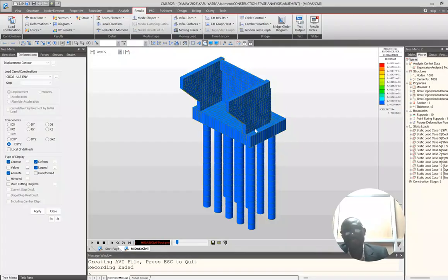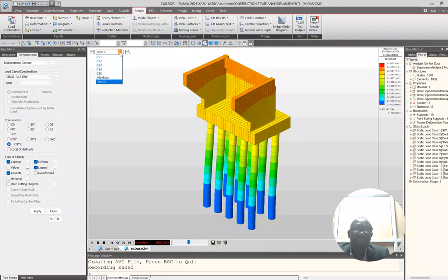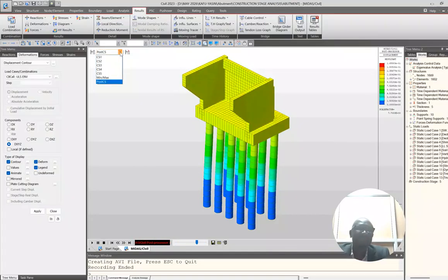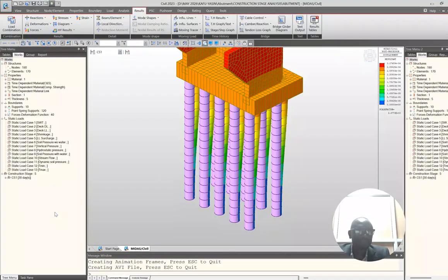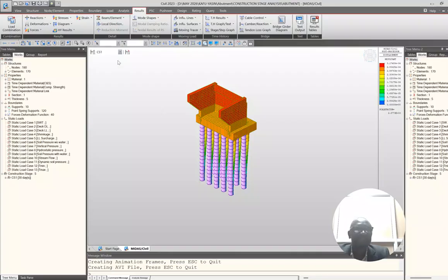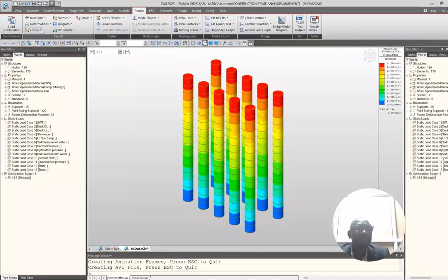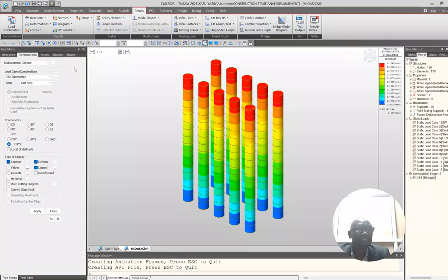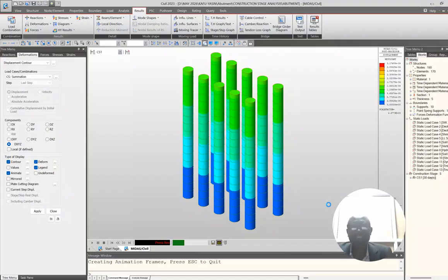This is basically, I was just trying to appreciate the effect of, if I'm to look at only the construction staging, this is what I will see.